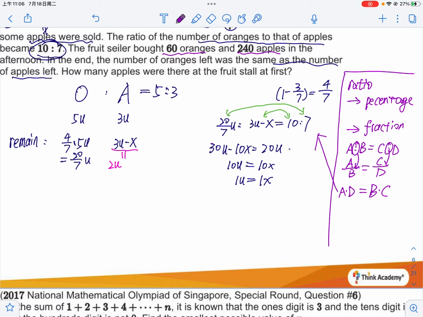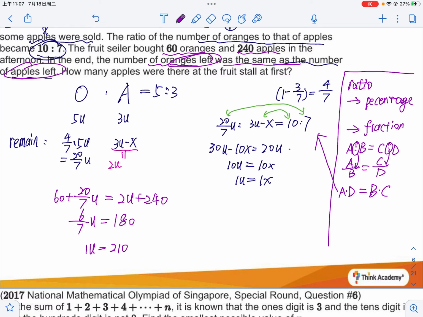After that, the number of oranges left was the same as the number of apples left, which means 60 plus 20/7 units should equal 2 units plus 240 apples. Let's move to the other side. It will become 6/7 units should equal 180. So 1 unit equals how many? Yeah, 1 unit equals 210.